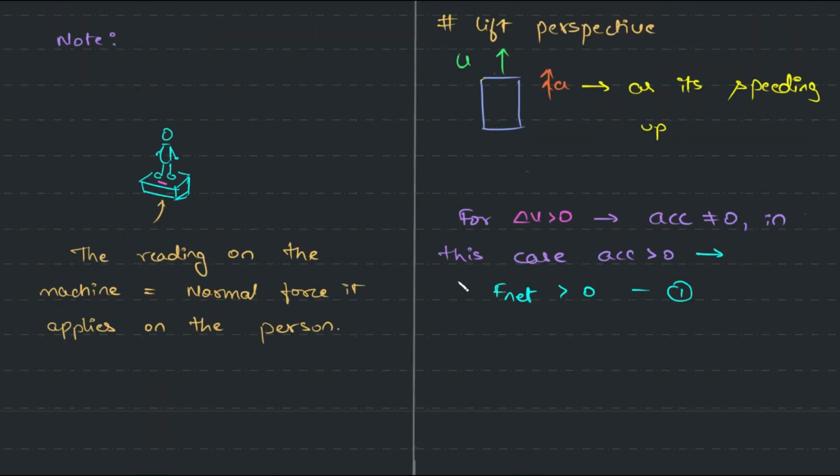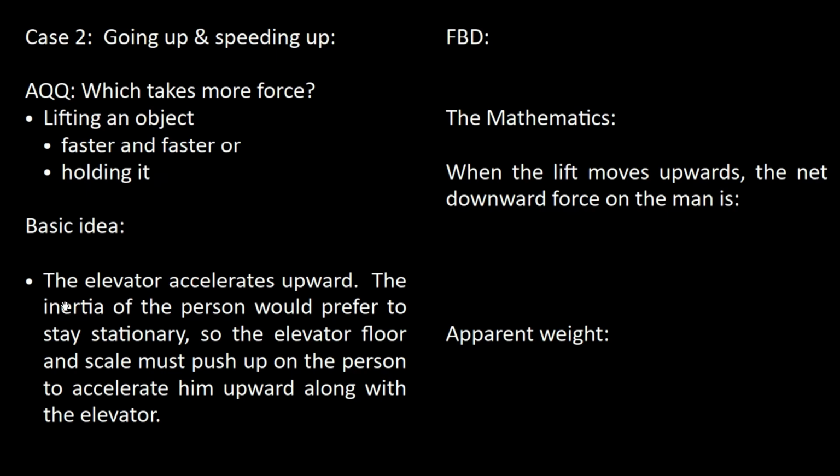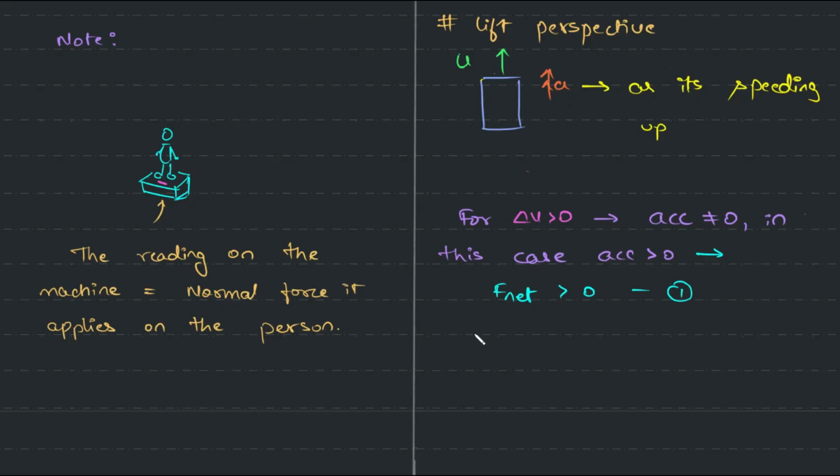And that would be, let's see the theory part. When the elevator accelerates up, the inertia of the person would prefer to stay stationary. So the elevator floor and the scale must push up on the person to accelerate him upward along with the elevator. And everything else we saw. So this is the apparent weight.